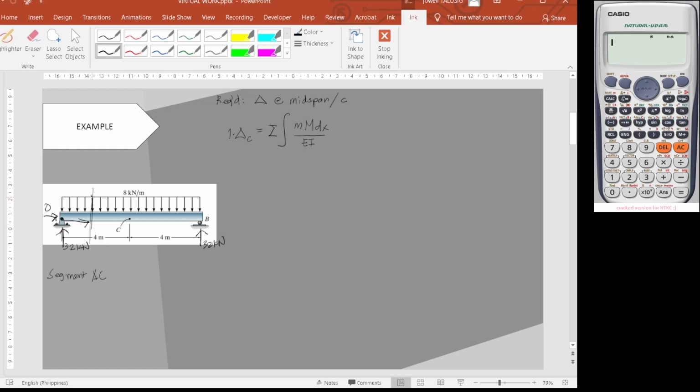So you will cut this and assume that there's a positive internal moment here.